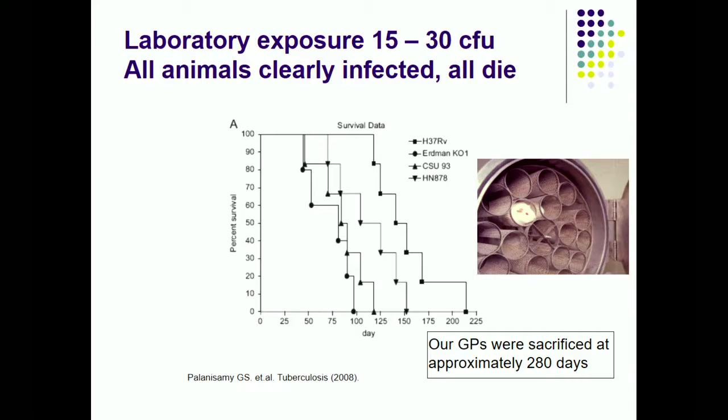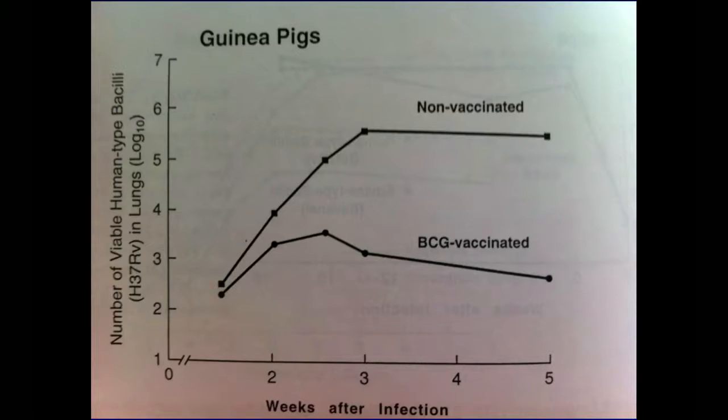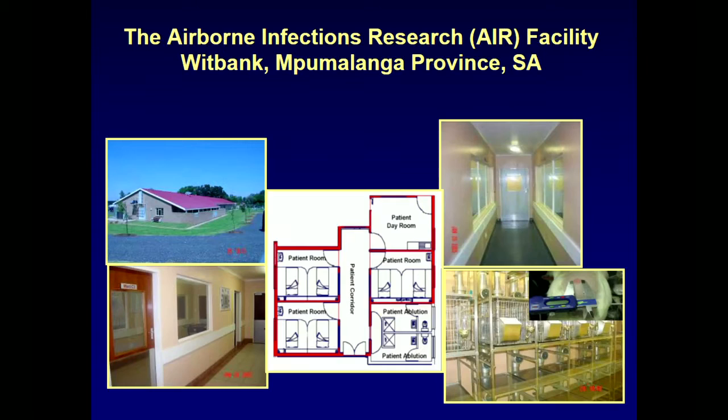Whereas with the model that I'm going to show you, we were sacrificing animals long after this and showed no evidence of progression of disease in many cases by that time. So a very different situation. And so what you were left with in the guinea pig model and many other models is looking at vaccinated versus not vaccinated in terms of colony-forming units. So you could reduce colony-forming units, but really no possibility of looking at preventing infection.